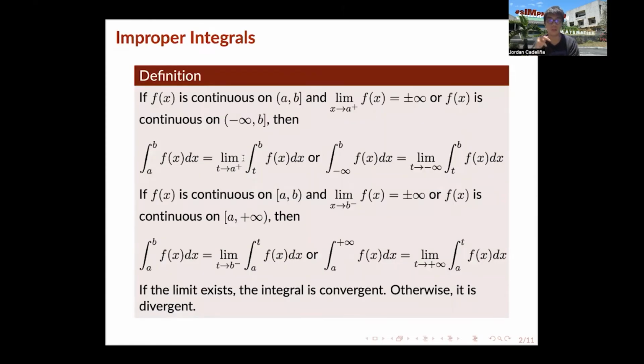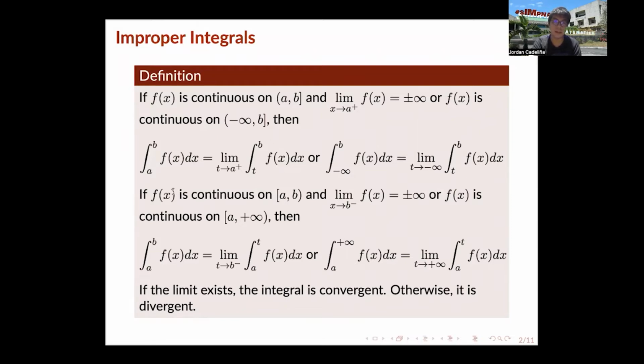So there are two types of definitions. There's the first one. If f of x is continuous on (a, b], where at a it is discontinuous, and the limit as x approaches a from the right of f of x is equal to positive or negative infinity, or f of x is continuous on (negative infinity, b], then the definite integral from a to b of f of x dx is equal to the limit as t approaches a from the right of the same integral.